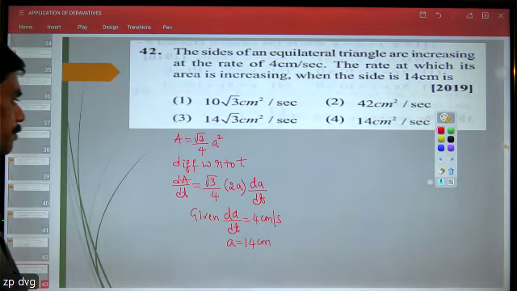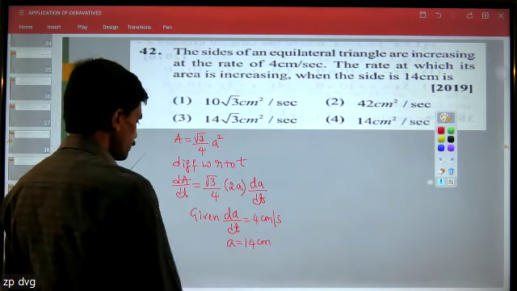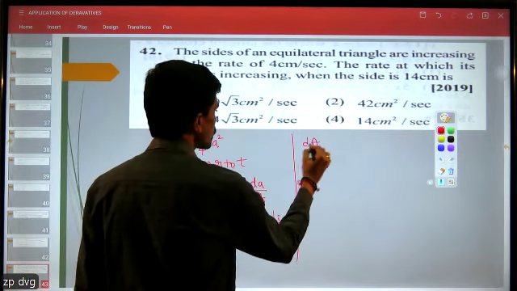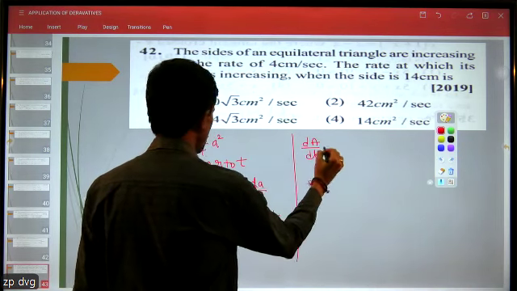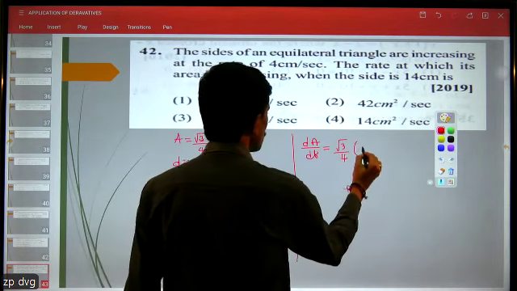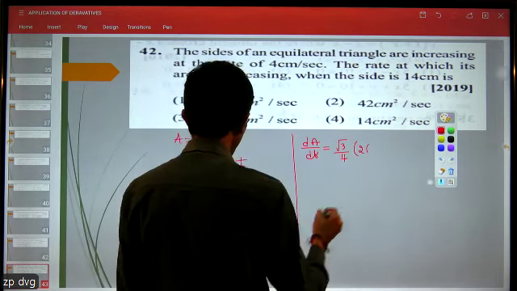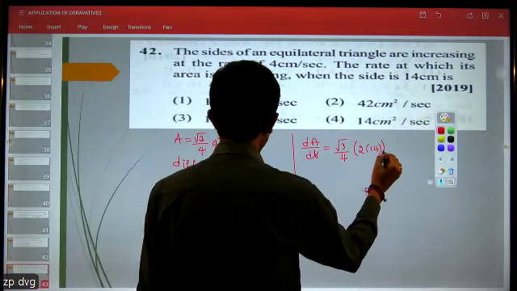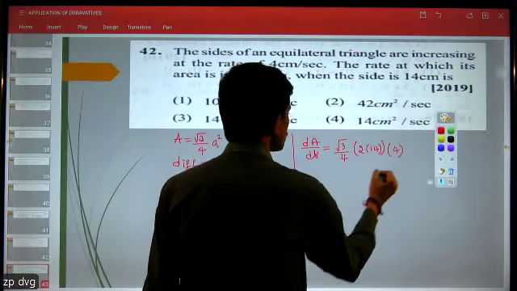Substitute the value of da by dt and the value of a in the rate of change of area with respect to t. We get root 3 by 4 into 2 into the value of a, 14, into the value of da by dt, 4.